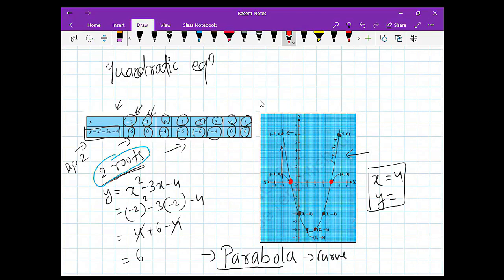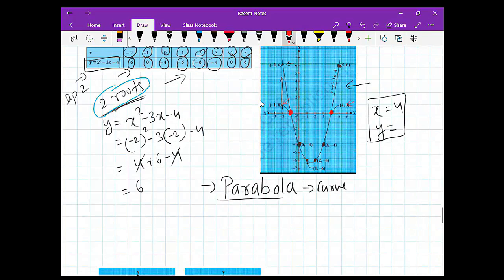When this curve intersects the x-axis, y becomes 0. I hope you are able to get the answer for the geometric meaning of the zeros of a polynomial. Zeros of the polynomial mean where the curve or straight line intersects the x-axis.